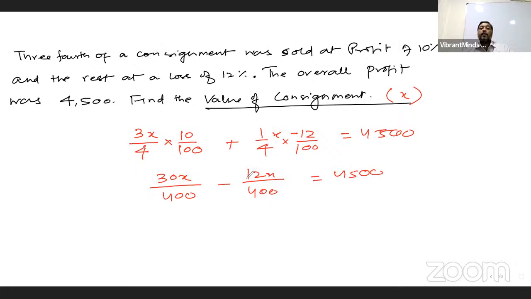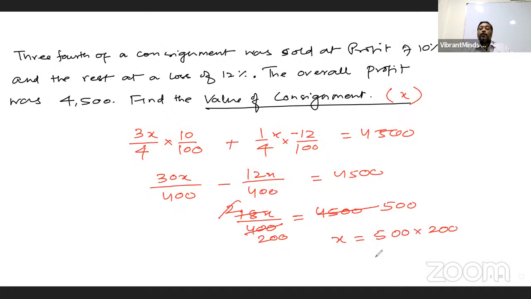Now, since the base is same, 30x minus 12x will be 18x by 400 is equal to 4500. 9 5s are 45, so x is equal to 500 into 200, and that is 1 lakh. The consignment value is 1 lakh rupees.